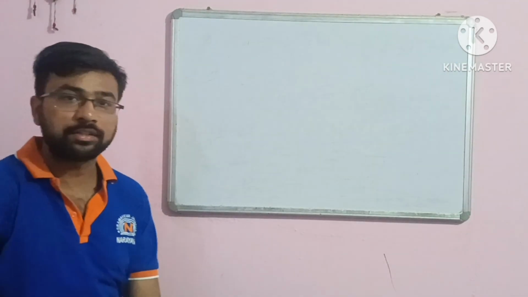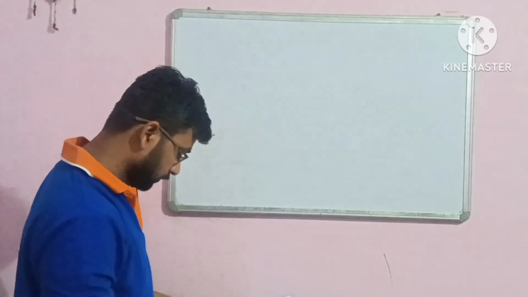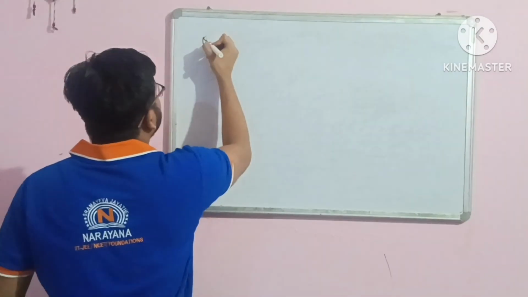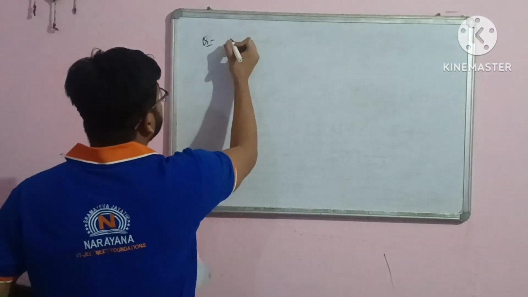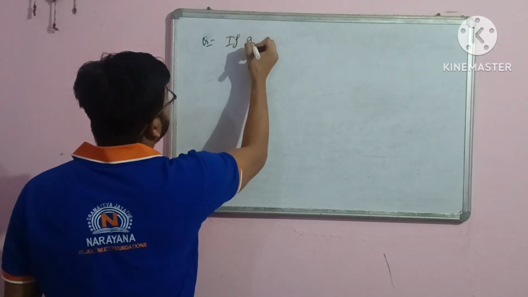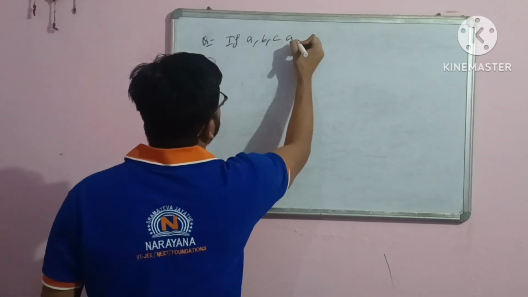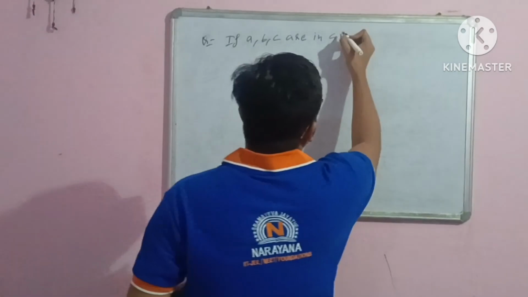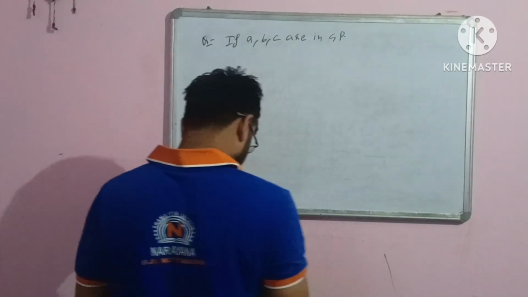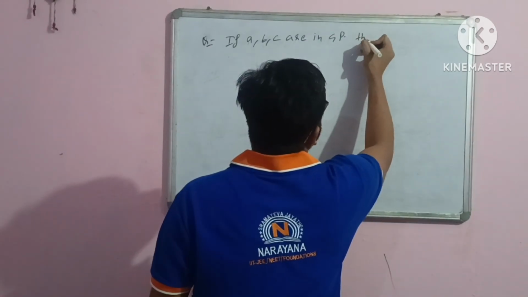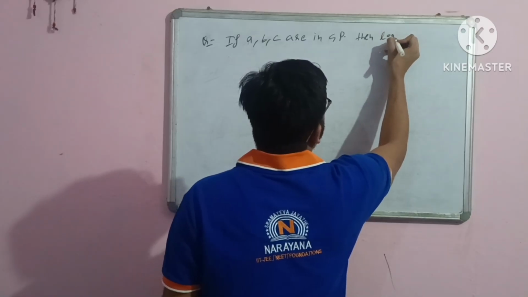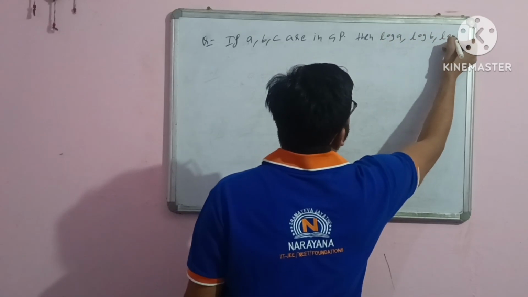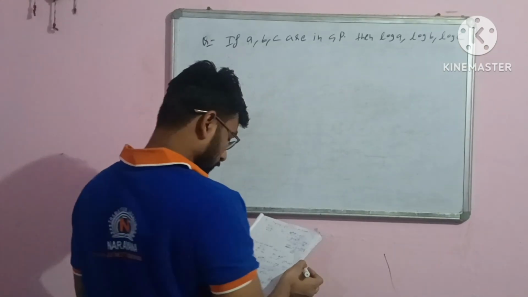Now we will solve the next question. If A, B, C are in GP, then log A, log B, log C are in what?